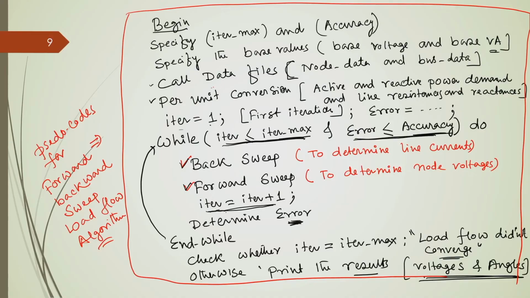Okay. If we change the data file from a 6 node system to a 30 node system to a 100 node system or a 2000 node system, your program will work and it will finally give the converged values of bus voltages and angles.